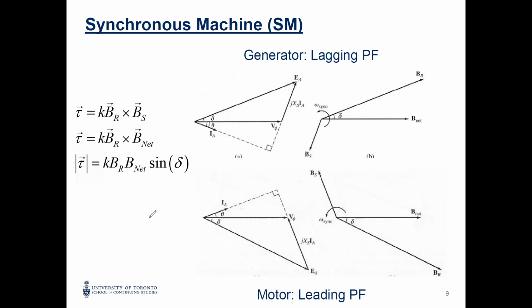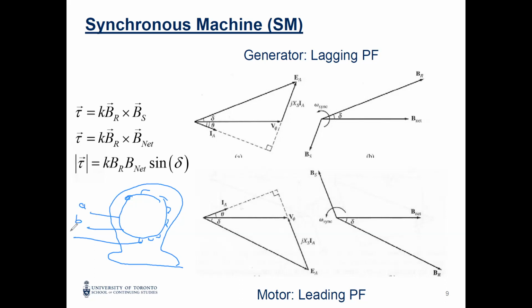What is the construction of the machine? You have the stator, the part of your machine that is not rotating. We have some slots inside the stator, and we put the 3 phases, A, B, and C. Usually, we put the field in the rotor.